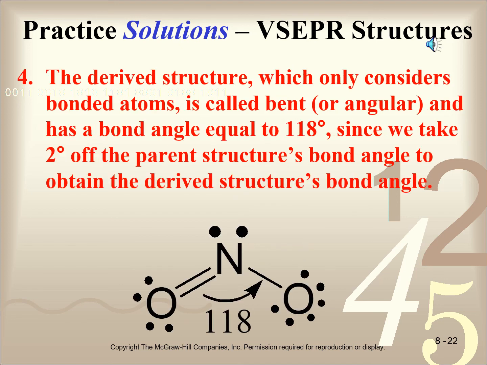Let me comment at this time real quickly about why that bond angle is 118 as opposed to 120. The reason being is that a lone pair of electrons is more repulsive than a bonded pair, right?